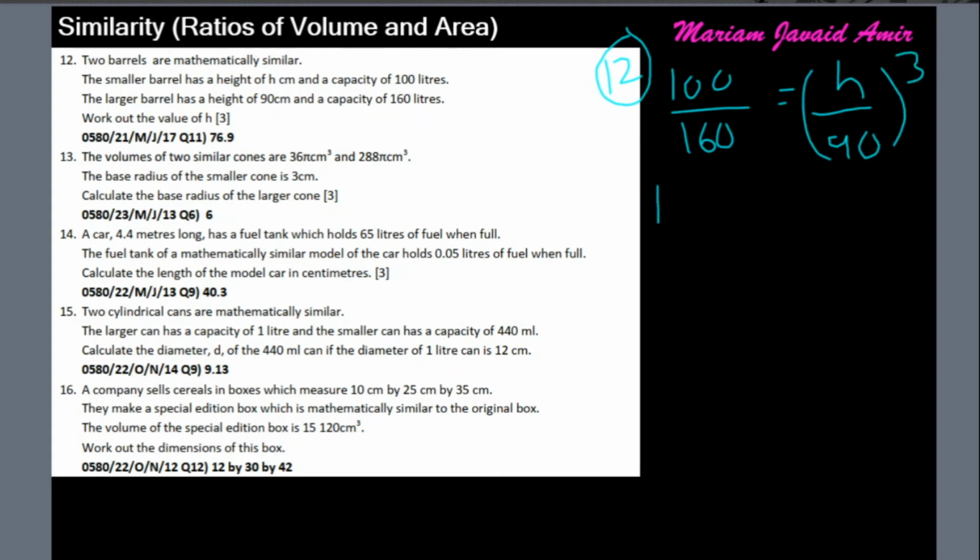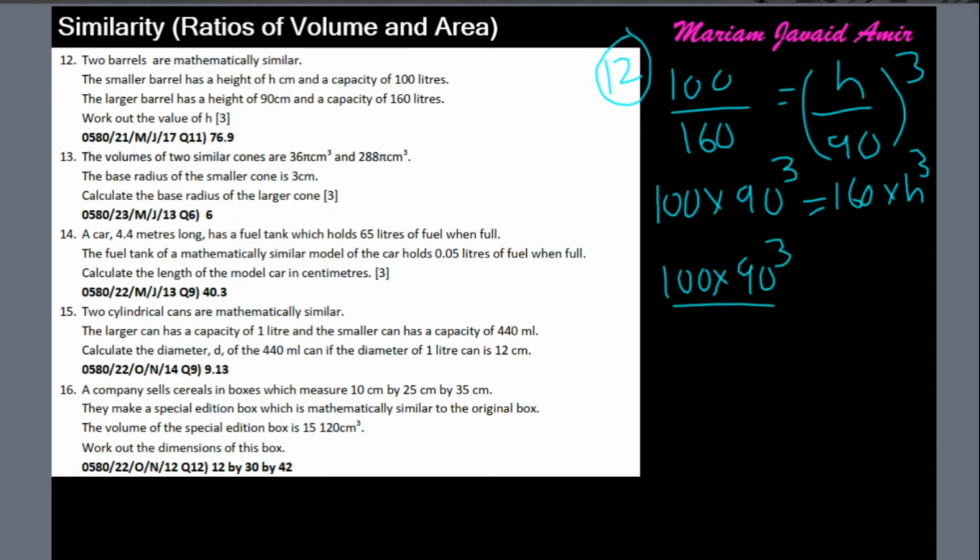So again cross multiply 100 into 90 cube equals 160 into h cube, and then 100 times 90 cube over 160 equals h cube. Now get rid of the h cube by taking cube root on both sides.